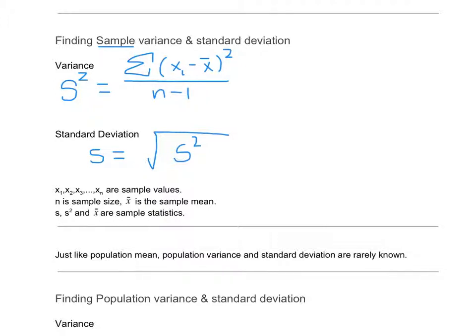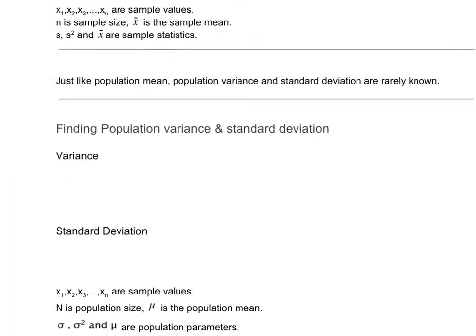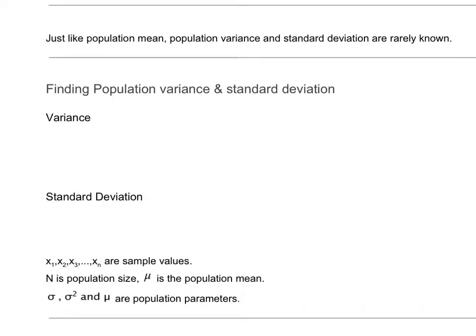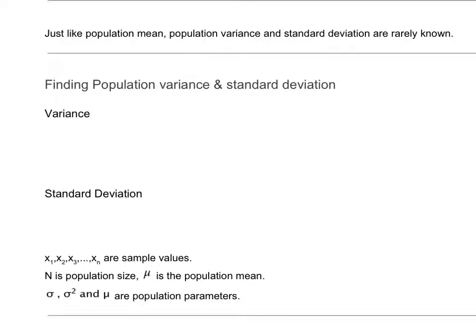Okay, if we want to now address the population variance and standard deviation, just like the population mean, that parameter, we typically don't know population variance or standard deviation. But if we want to formalize notation and a formula, we'll do that here.